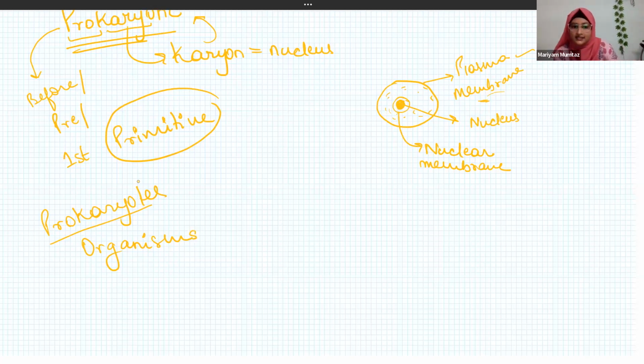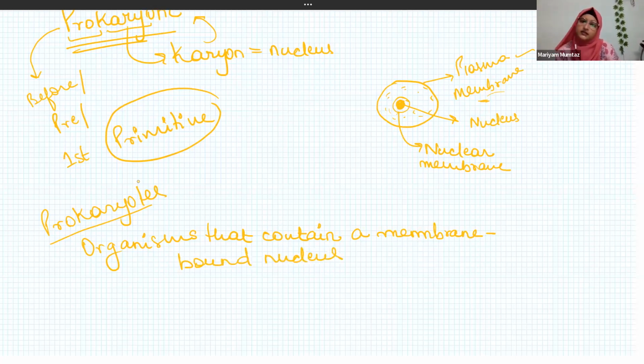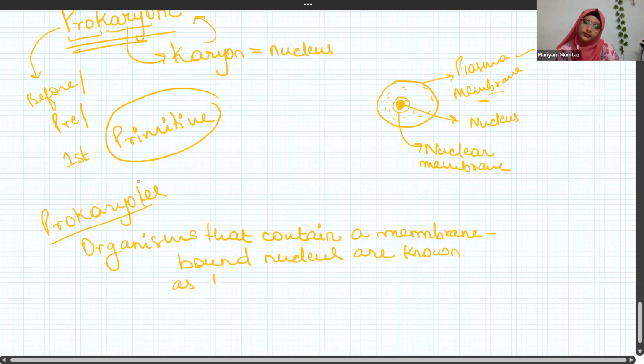So organisms that contain a membrane bound nucleus are known as prokaryotic organisms or prokaryotes.